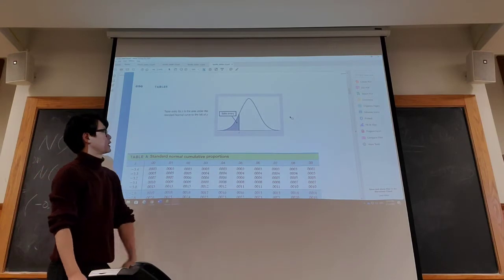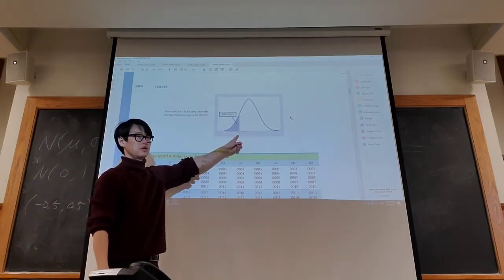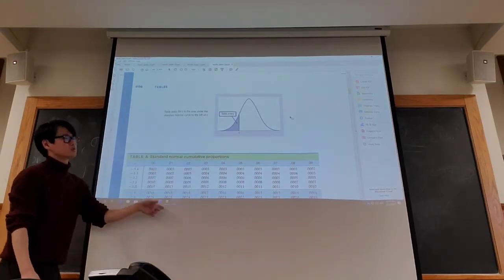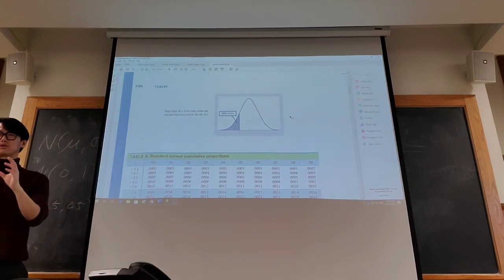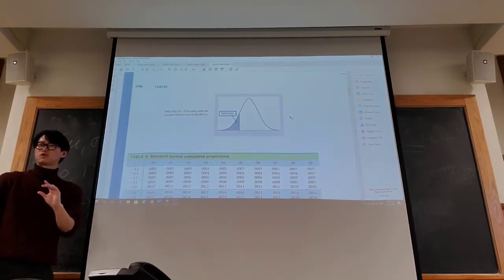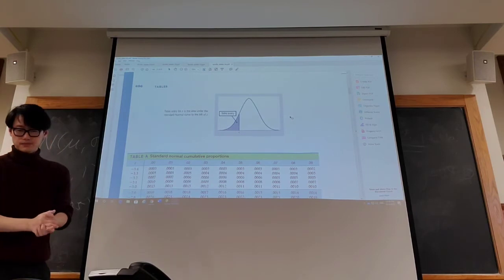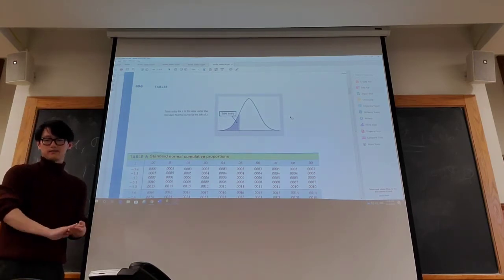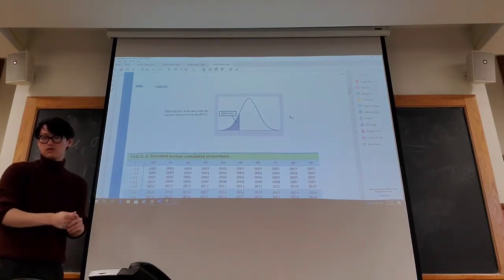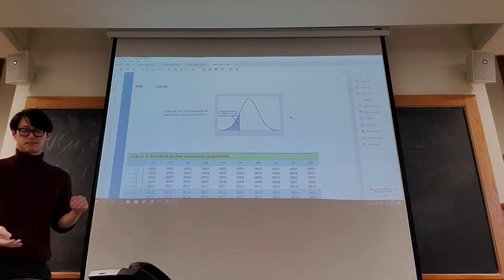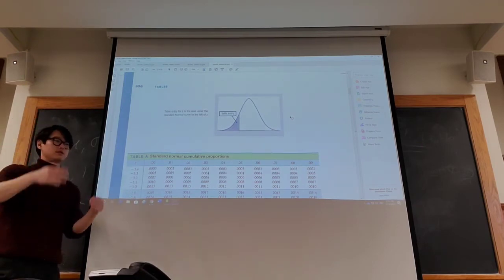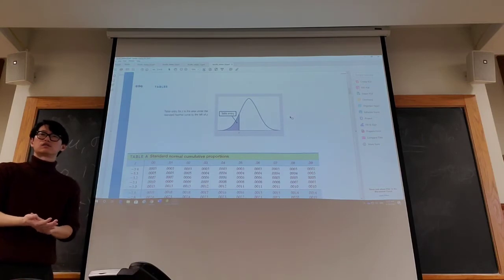So if you pick the z number here, this table will tell you the corresponding probability or proportion, right? And let's say, what's the proportion of half of the standard normal distribution?